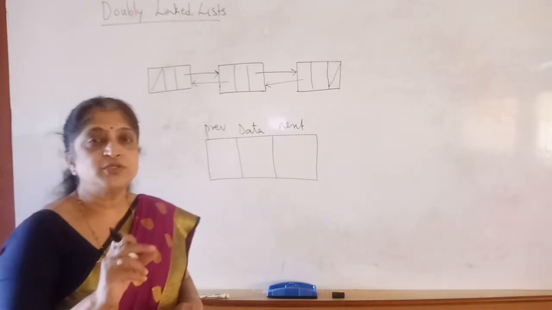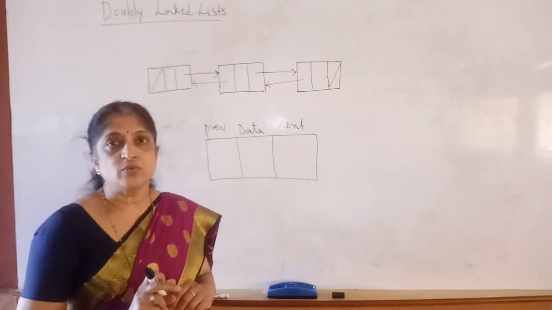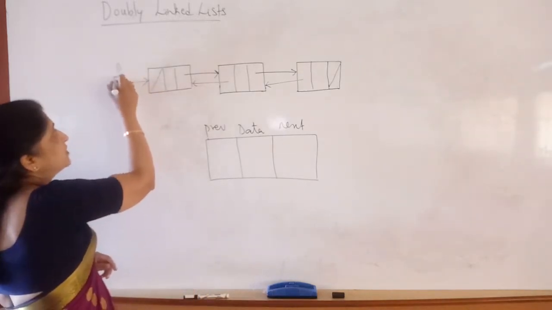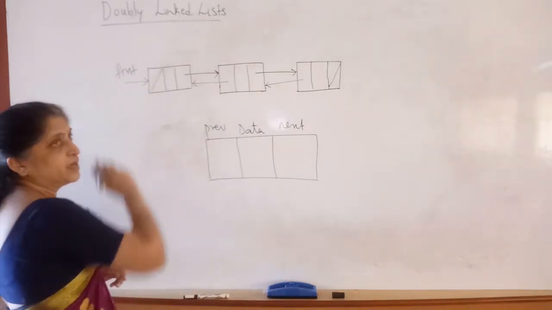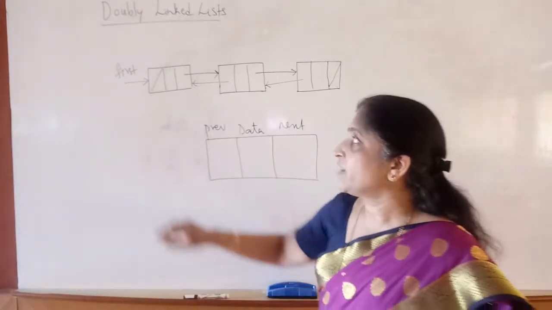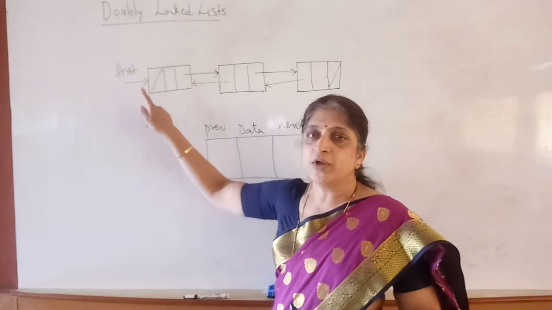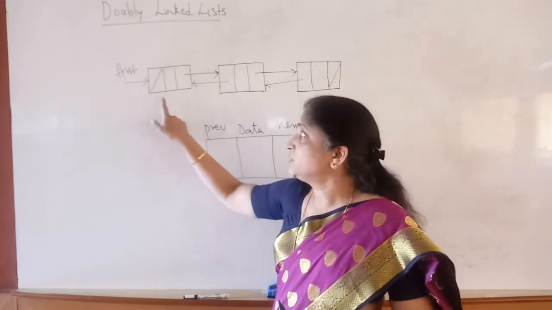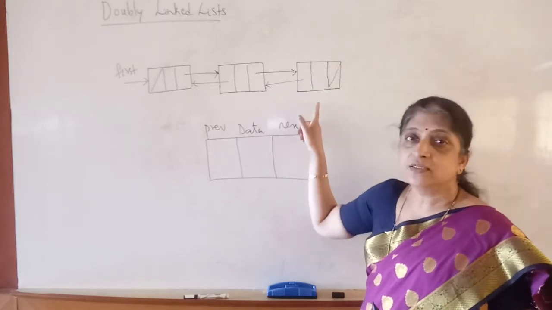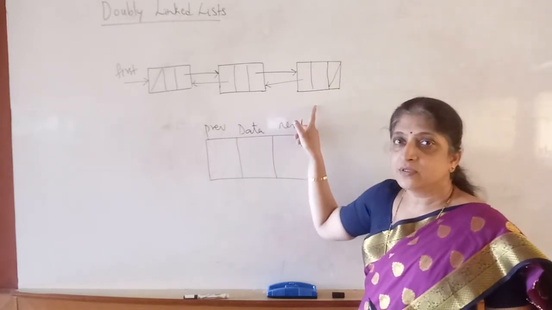And of course, we should have an external pointer pointing to the first node. So I draw this as a link field here and I call it as first. We have an external pointer first pointing to the first node, pointing to the second, pointing to the third, and the third will have null in its link field.